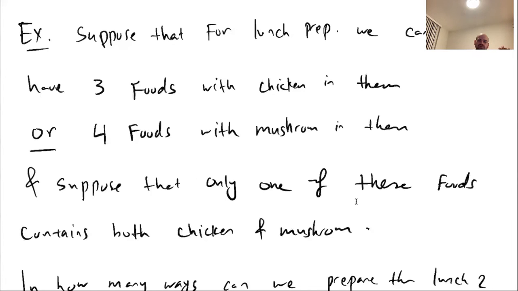In other words, how many foods have both chicken and mushroom? There's only one food that's a common way, because one way was to go with chicken, one way was to go with mushroom, so the common way means both chicken and mushroom. There's only one food that has this feature.